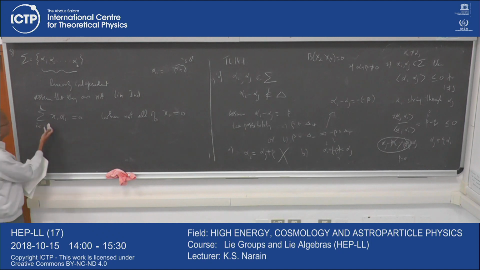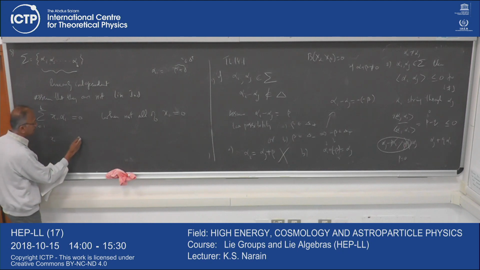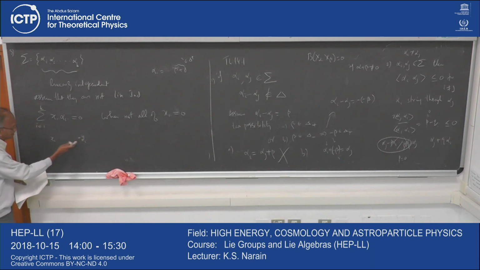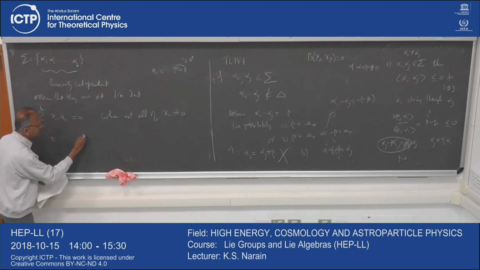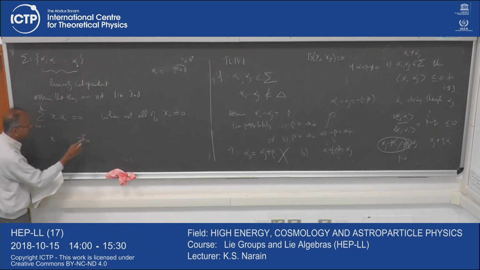Now it could be that some of these guys may be 0, some of them may be positive, some of them may be negative. So let me just call those which are positive xi, and those which are negative I explicitly write as minus x hat, with some index, say m.